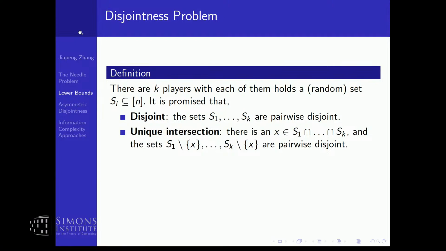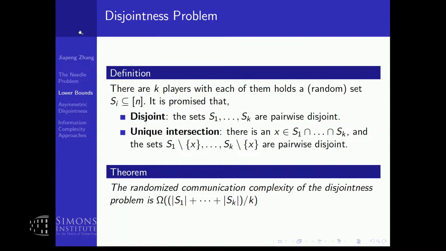So by removing the common element, all the rest are disjoint. The communication problem is to distinguish these two cases. An important result from communication complexity is that the randomized communication complexity is roughly the summation of the sizes of Si divided by k, and this is pretty tight to a simple upper bound algorithm.